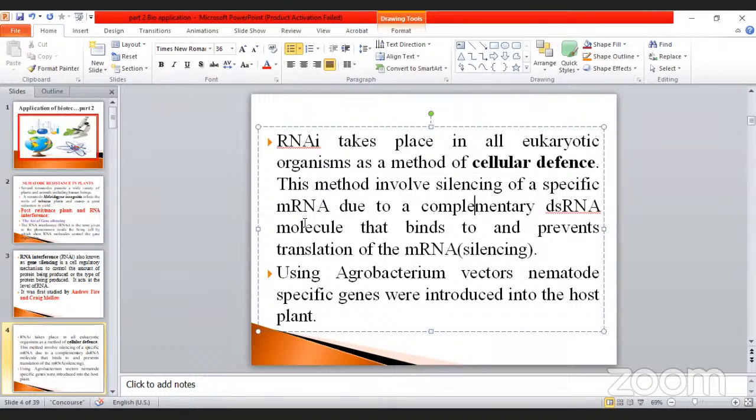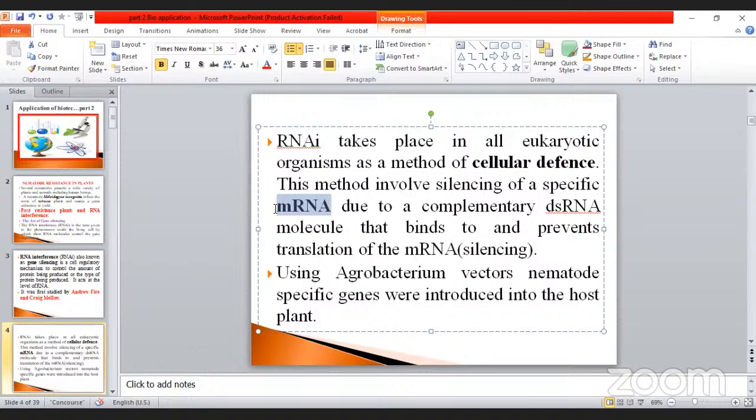Here, what happened? The RNAi acts upon the specific site of the mRNA, messenger RNA. Why does it act on the mRNA, you know? The mRNA is essential for the translation process or protein biosynthesis.